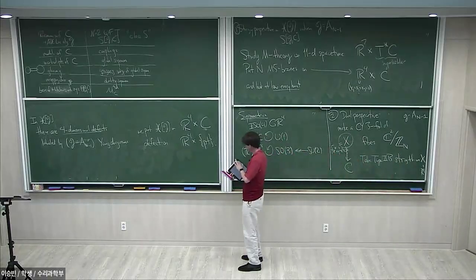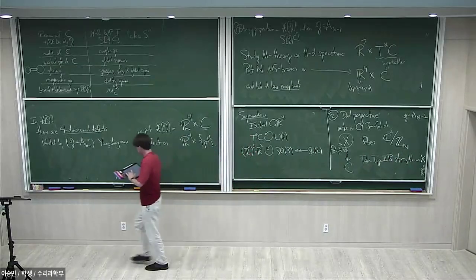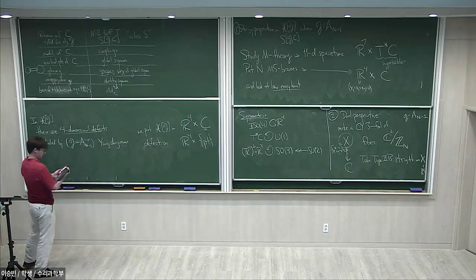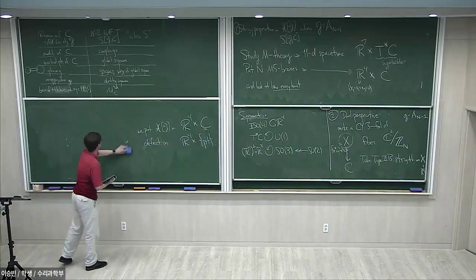Okay, so I guess I don't talk about Coulomb branches now. So let me instead say one other thing which we will need. So let's talk a little more about this conformal symmetry. One more remark.